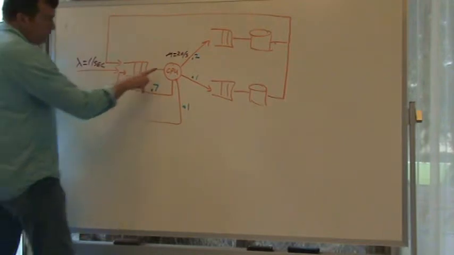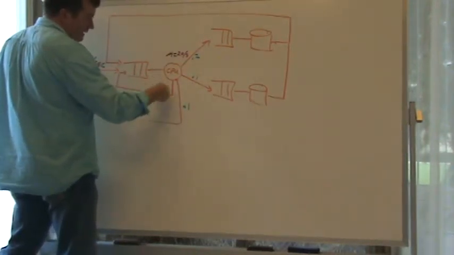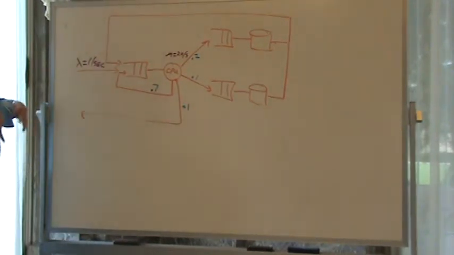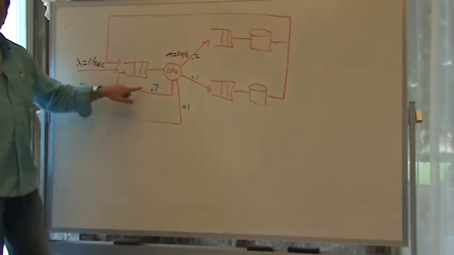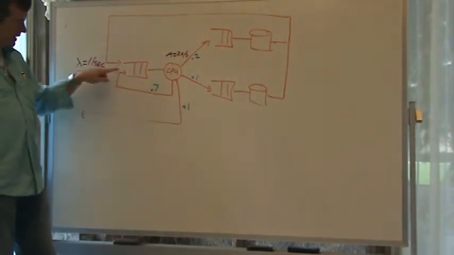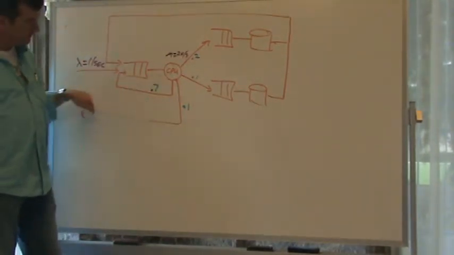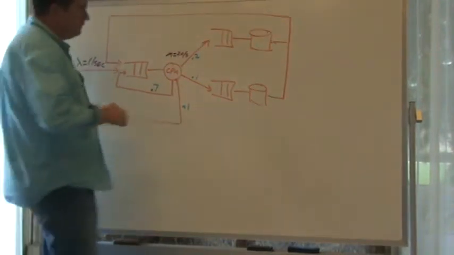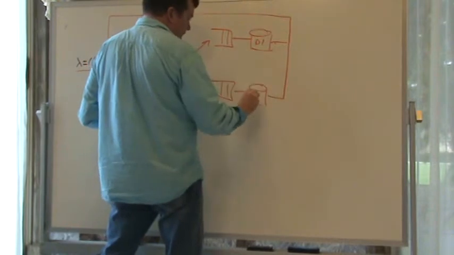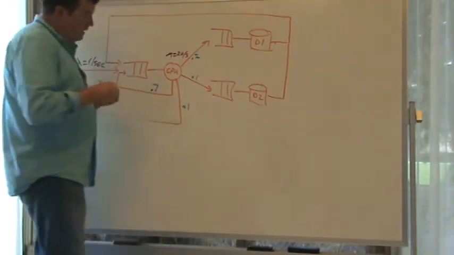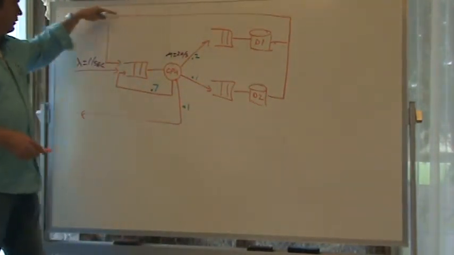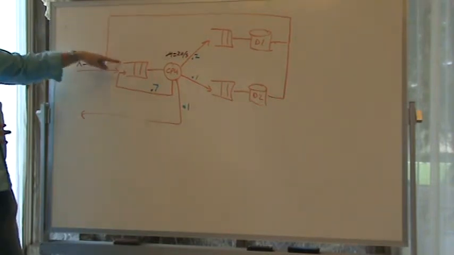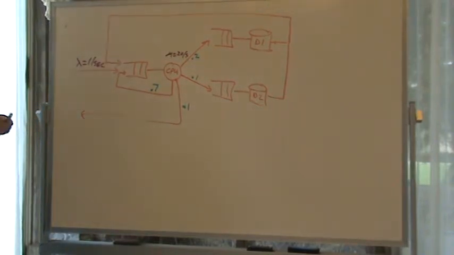So all of the exiting arrows from any device have to add up to 100%, otherwise we're losing work. But 70% of the time we go back to the ready queue, 10% of the time we're done, 20% of the time we go to disk drive 1, disk 1 and disk 2. And anytime we go to a disk drive, once we get the page we're looking for, we leave. I'm sorry, we don't leave, we come back to the ready queue.